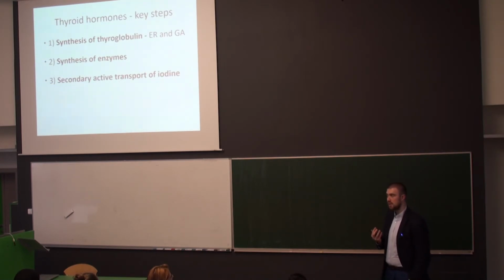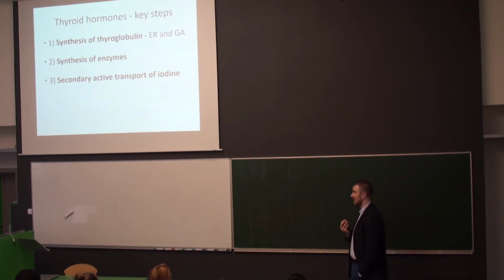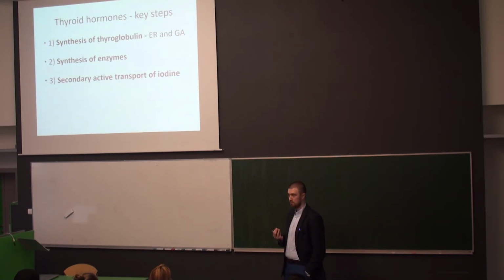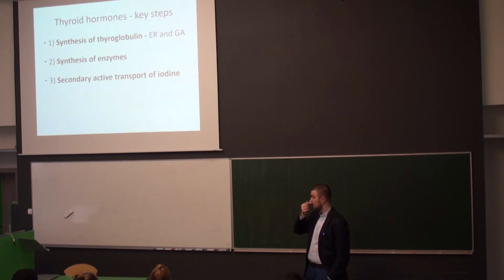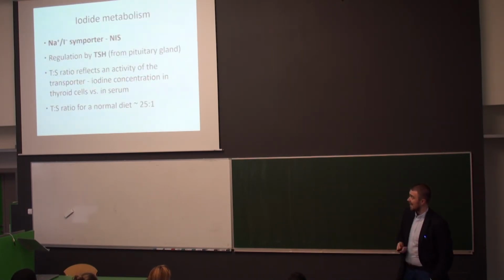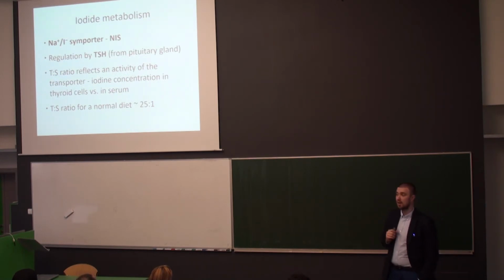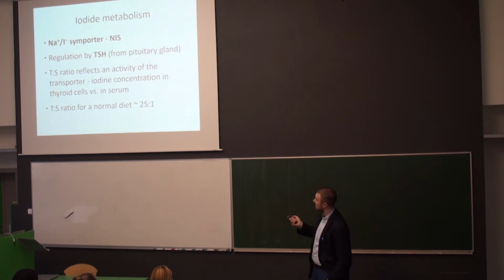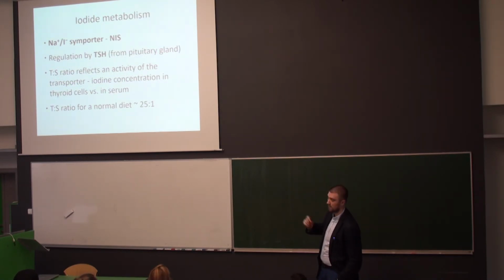And third, you must take the trace element from the blood and put it into the thyroid gland. This third step is done by the secondary active transport of iodine. It's the sodium iodine symporter, that's the molecule that does it, abbreviated as NIS. And here you have everything.